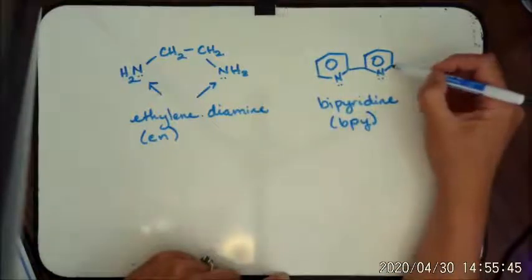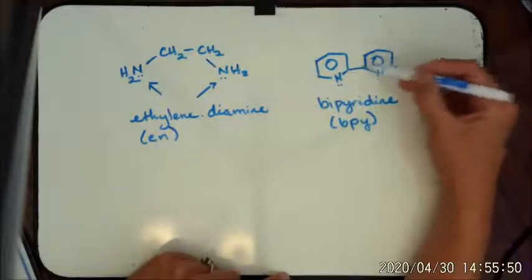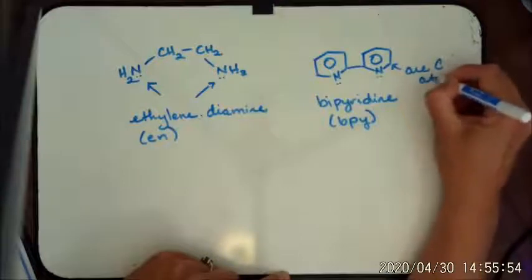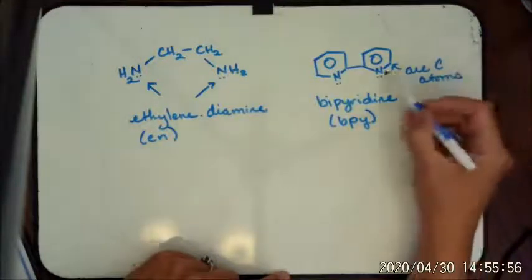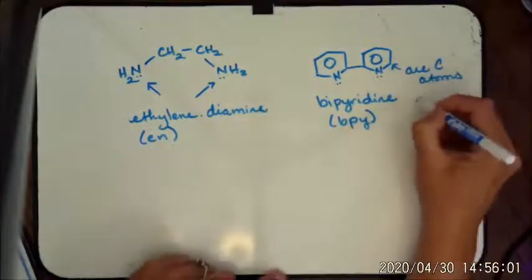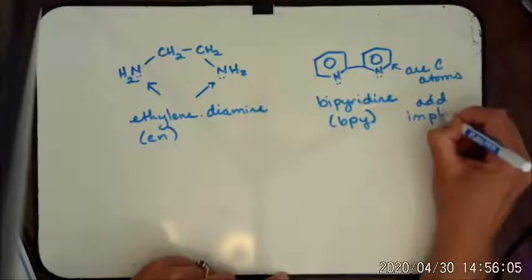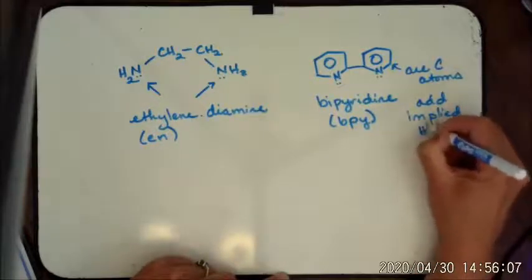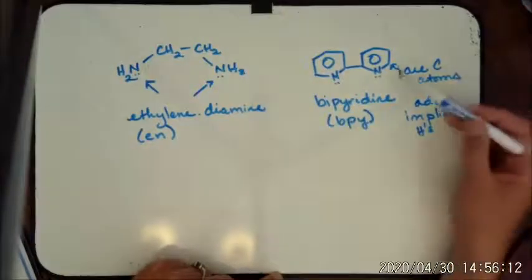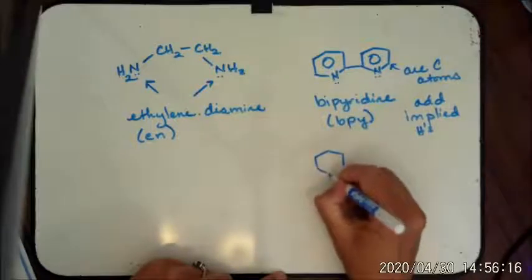Okay, now all of these that you see here at the intersections of lines, these are carbons. Okay, and what you'll find is that to make them neutral, no formal charge, you're going to add implied hydrogens. Okay, so carbon has the ability to have 4 bonds, so let me just redraw this so you can see it.